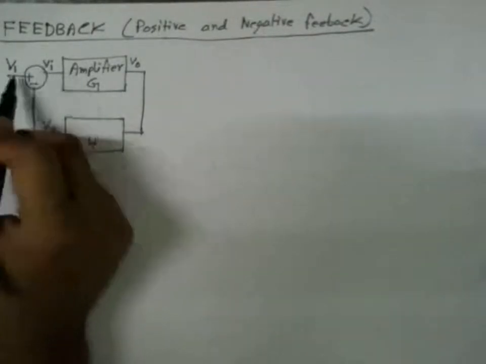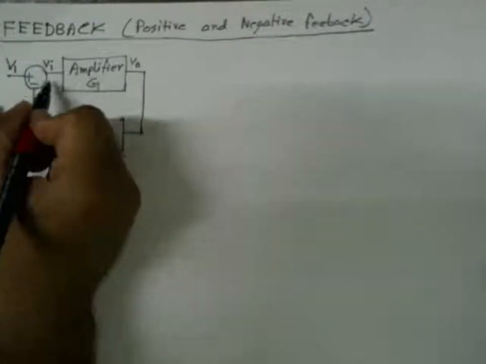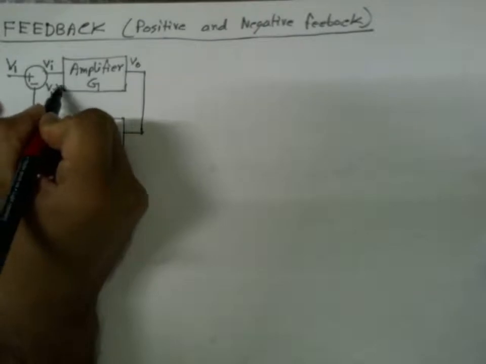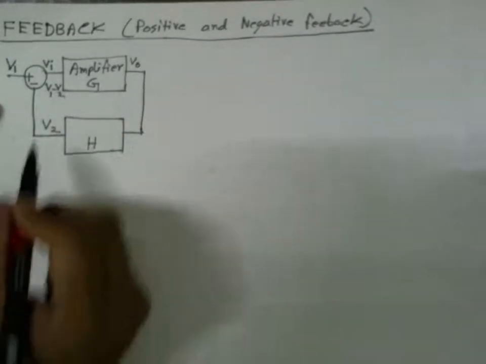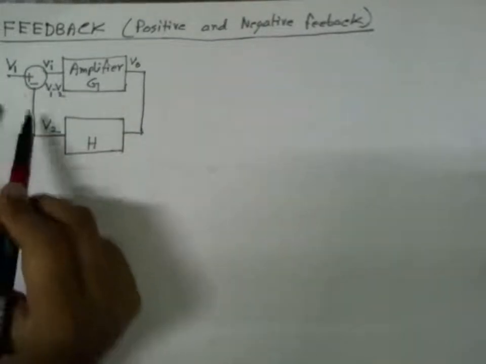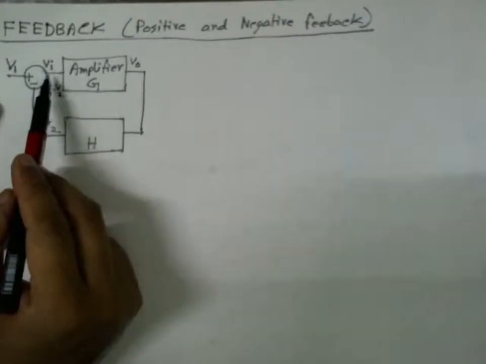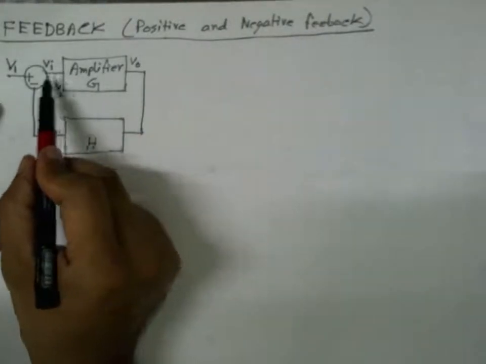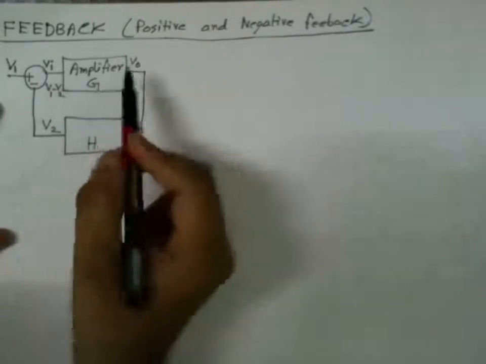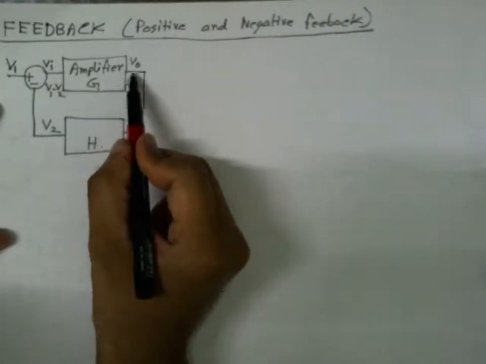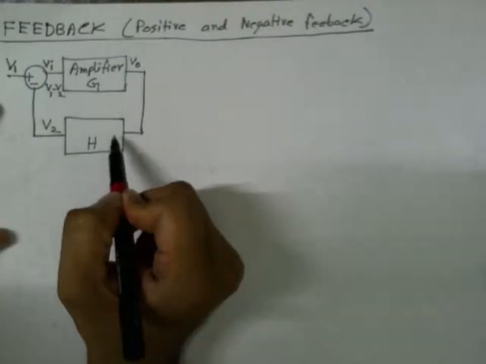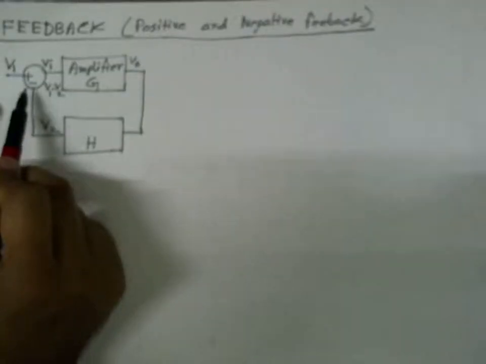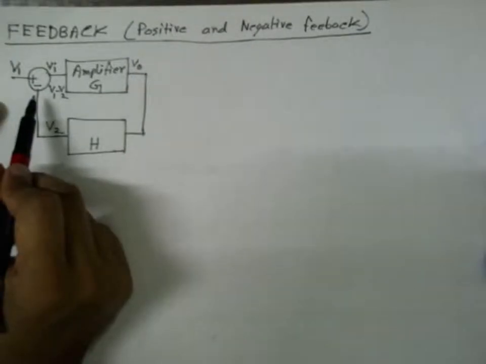So then the output will be V1 minus V2. So this is just a summer. It takes two voltages as input and gives the difference of that, and this difference is now fed back to the input of the first amplifier, and the output of the first amplifier goes to the input of the second amplifier, and the output of the second amplifier goes to the summer.